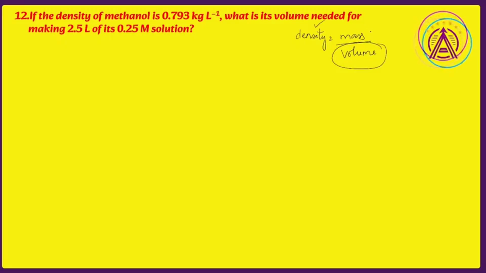Mass, how can I find out? I have my molarity, which is given. I have the volume. So, from molarity and volume, I can find out the number of moles that I have. And using moles and the molar mass of methanol, since it is CH3OH, we can calculate thereby the mass. Okay, so let's see how it is done.